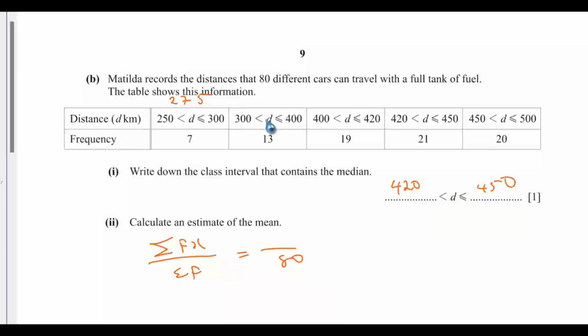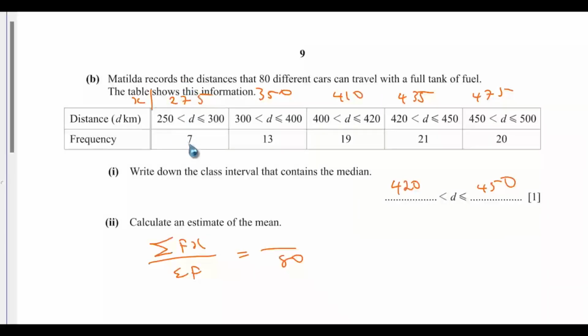Then the average of this will give you 350. That's the middle. For this, it will give you 410. This will give you 435. And finally, this will give you 475. So this will be the value of your x.